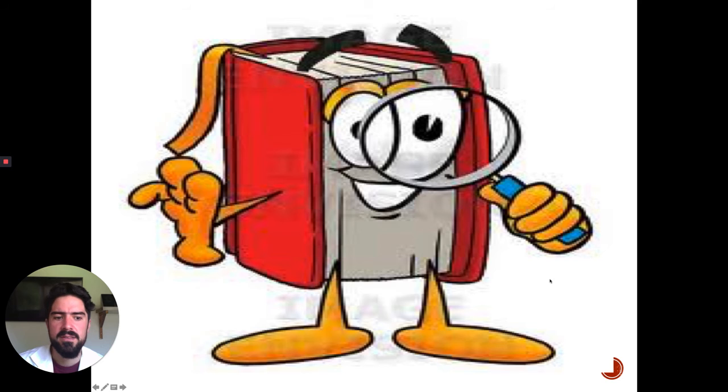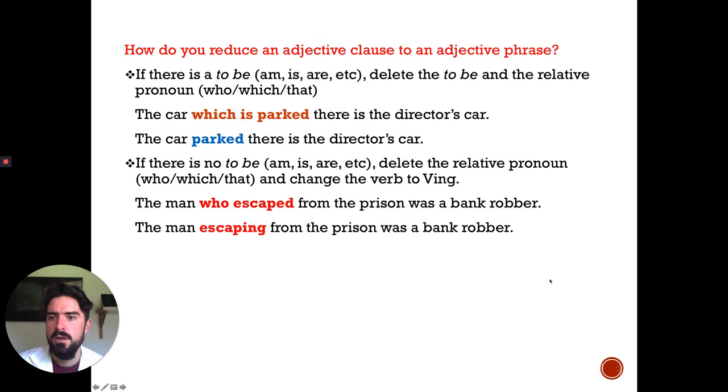Now, let's practice a little bit. Look, we are going to check these sentences, okay? If there is a to be, am, is, are, etc., delete the to be and the relative pronoun who, which, or that. For example, the car which is parked there is the director's car.